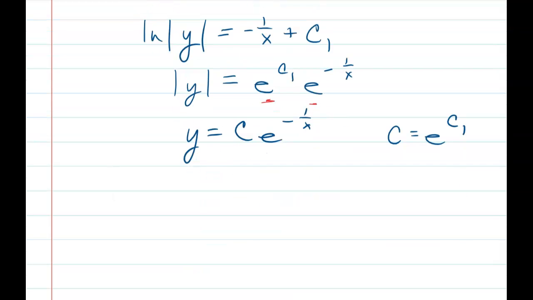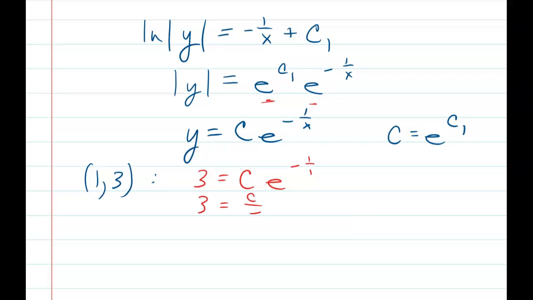Now we're going to use the initial condition for the particular solution, the point (1, 3). When we plug this in, y is 3. This will allow us to solve for c. This is e to the negative 1 over 1, and that's e to the negative 1. So we will have 3 is equal to c over e.